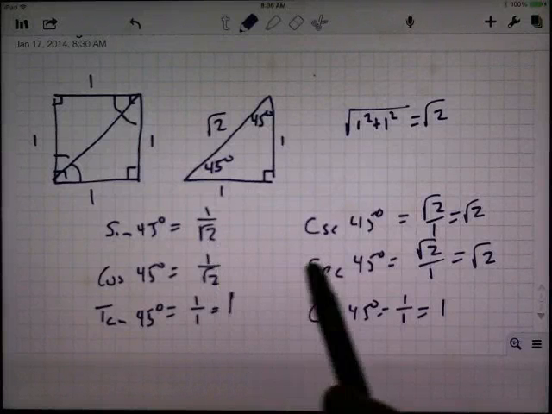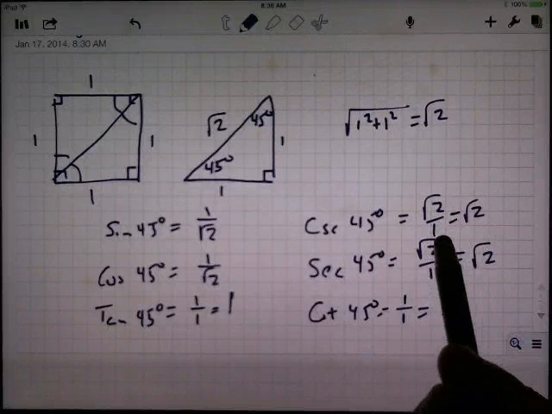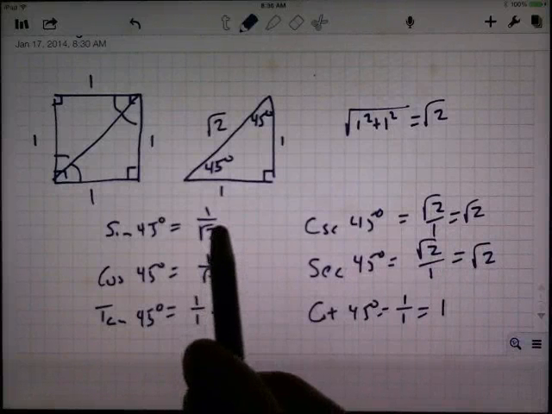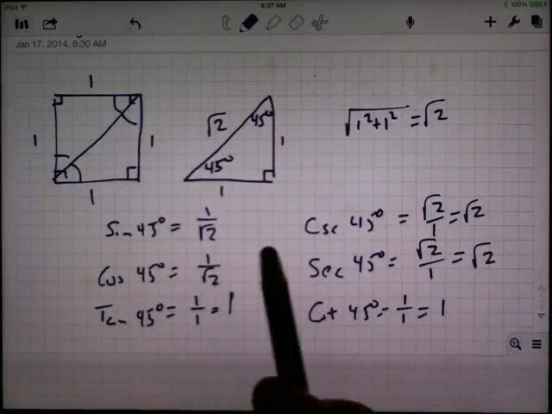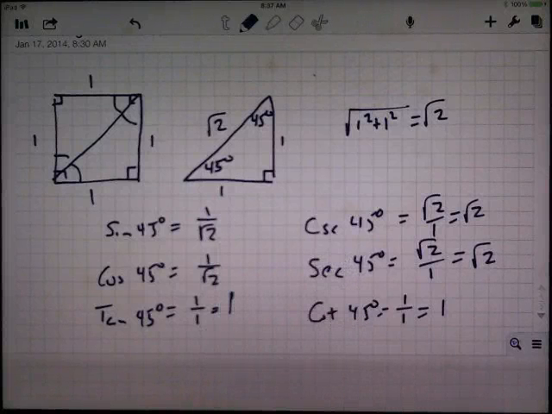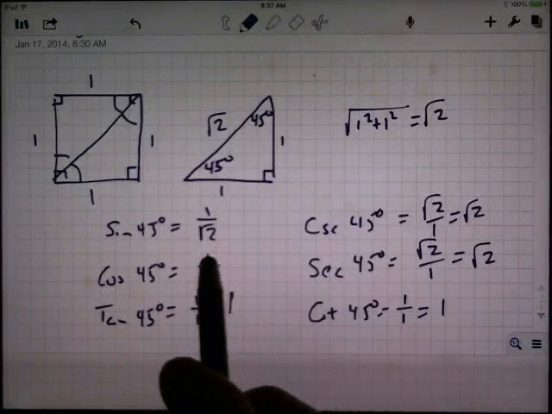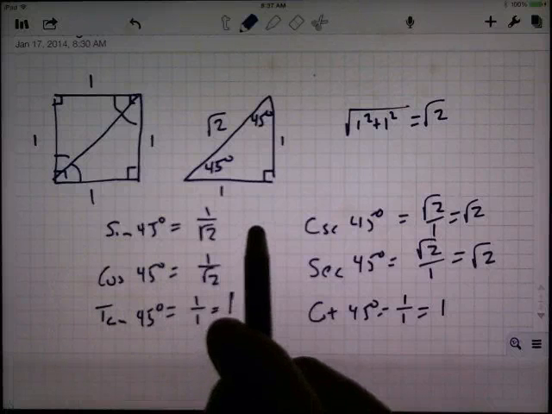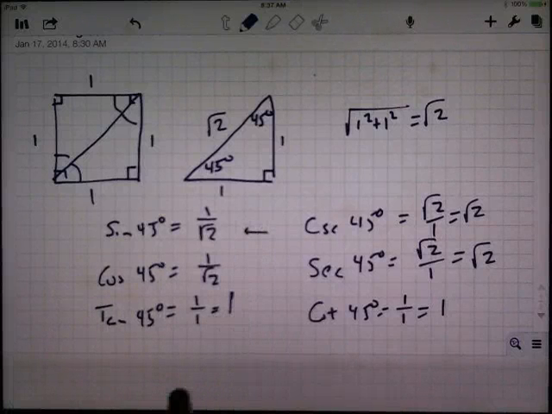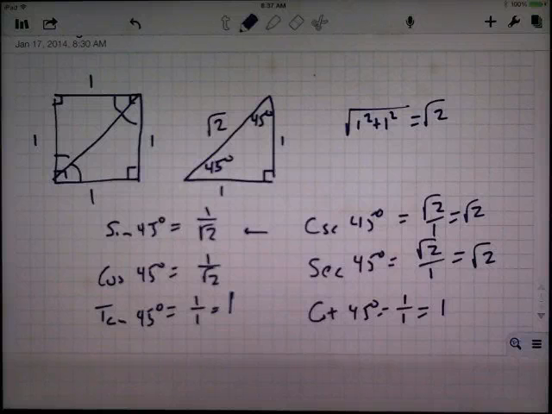When you take the reciprocal of this, it's just already simplified. If you rationalize the denominator and then take the reciprocal, well, now you've got 2 over radical 2, and you've got to simplify that. So I'm very much in favor of leaving that 1 over radical 2 like that.